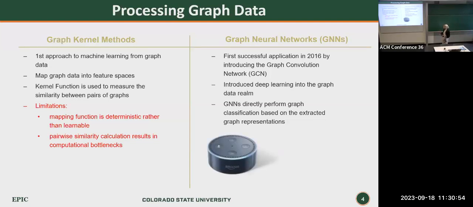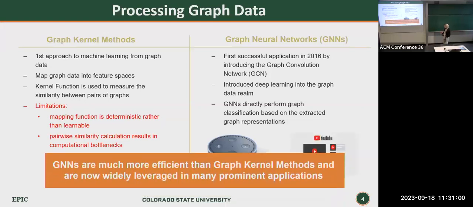They're now used in many applications such as the Amazon Alexa system and the YouTube recommendation system. In summary, GNNs are much more efficient than graph kernel methods, and they're now widely leveraged in pretty much any application that processes graph data.